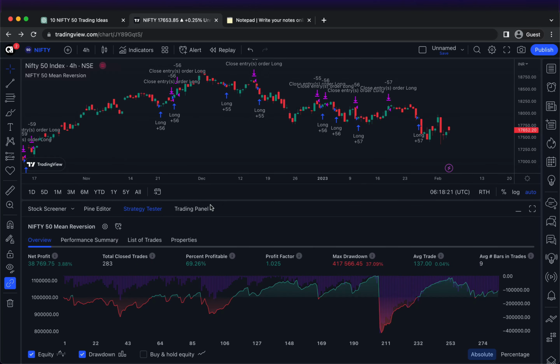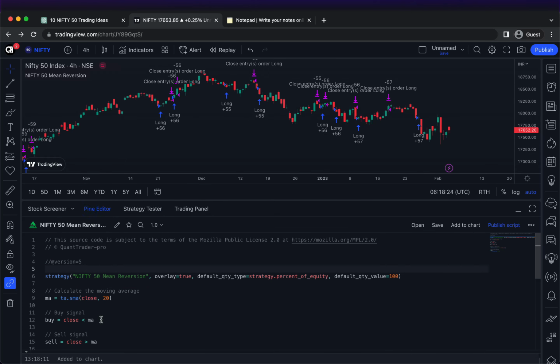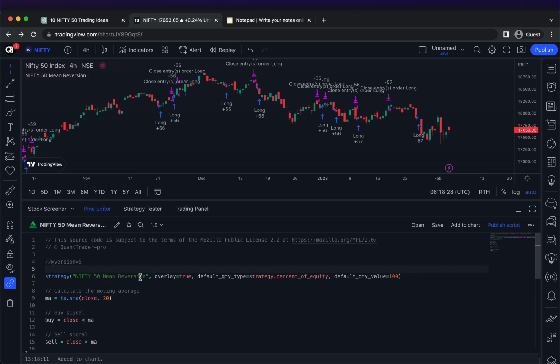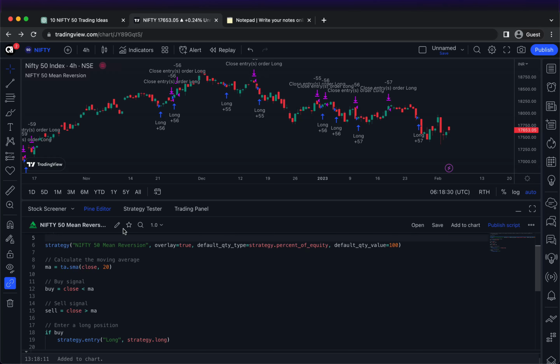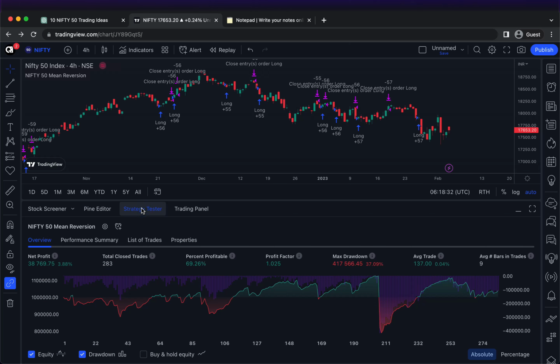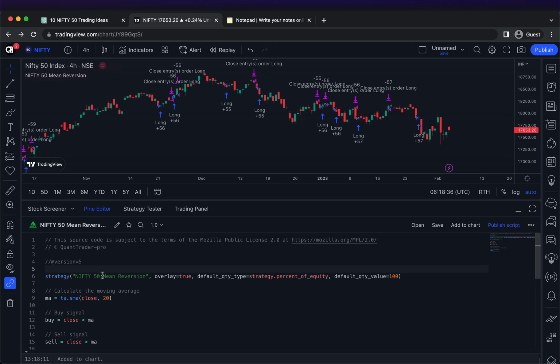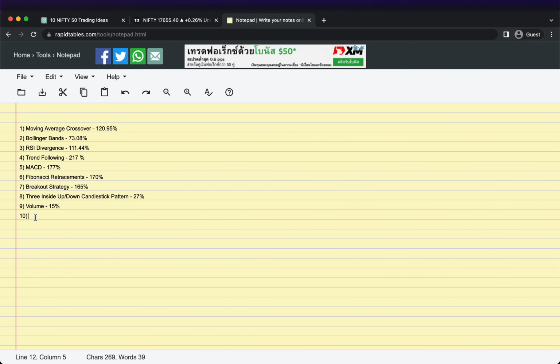As you can see, there's no profitability at all, just random buying and selling. But that's the result. Not all results can be positive. Some results are negative, which is good. But that's the result, and it was our 10th trading strategy with 3.8%.